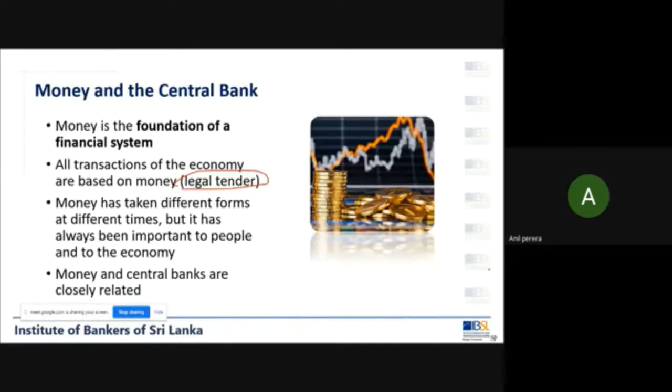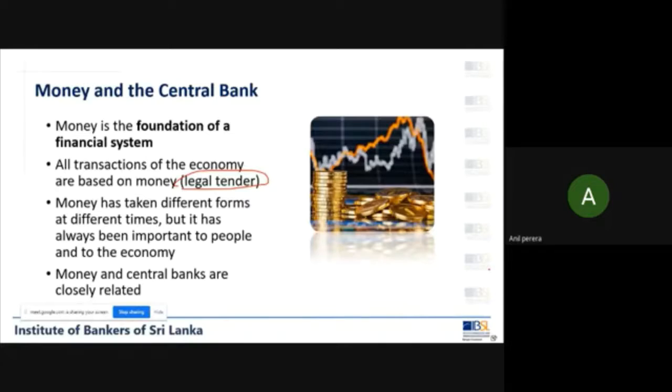The acceptance comes from the government actually. So the government will tell you, okay, this piece of metal is money, this piece of metal is not money, or this piece of paper is money. So government is basically giving some legality to that object or a piece of paper.